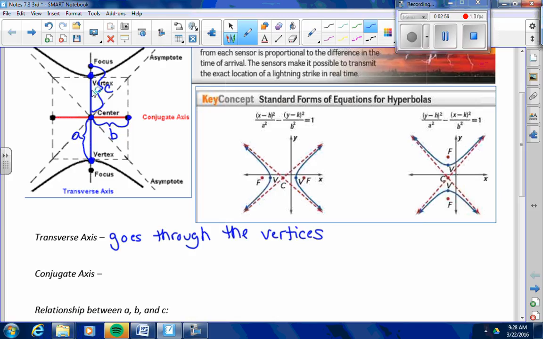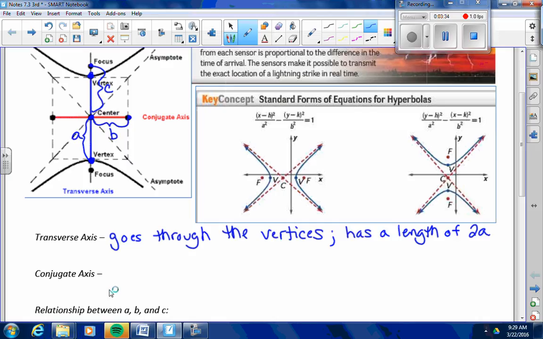This is the transverse axis going through it. The transverse axis has a total length of 2A units. A to get from the bottom vertex to the center, and A more to get from the center to the other vertex. So that's a total of 2A.